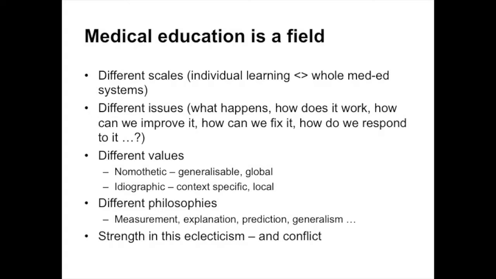There are also different values at work, which we can categorize as being largely nomothetic, which are about generalizable, broad, global concepts and findings, and idiographic, which are highly context-specific and local. An example of which is that you might expect general research to be more nomothetic in the sense that it should be able to be applied in lots of different situations, whereas evaluation is largely idiographic in the sense that it largely applies to a particular context and informs decision makers in that context.